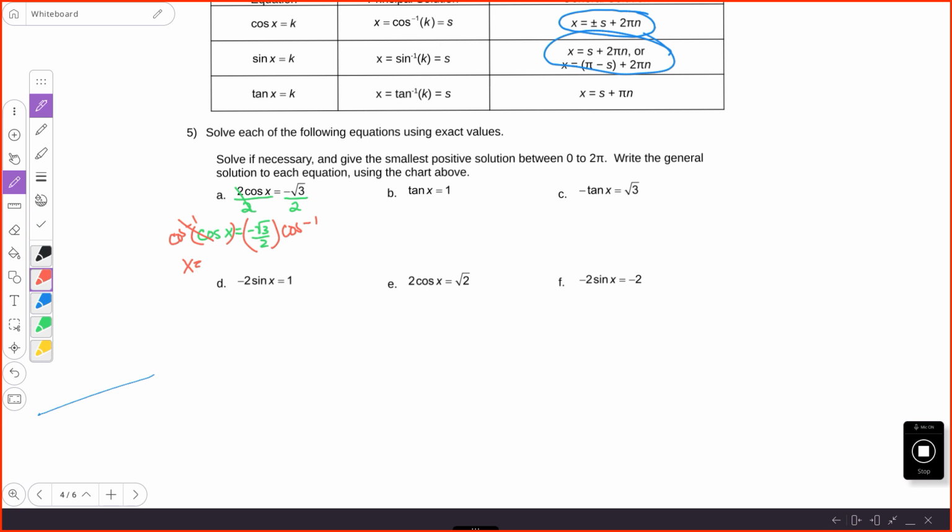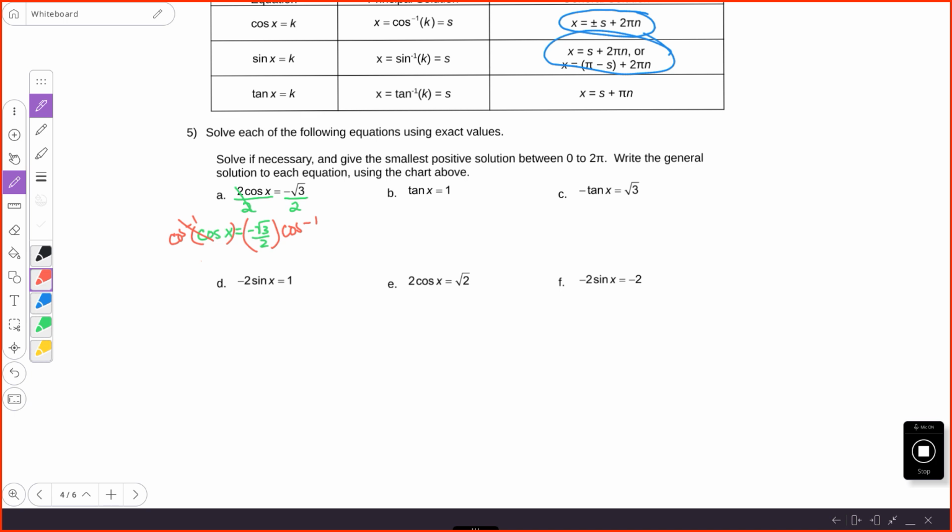So you can flip back to your chart on the front if you need to do that and find where your x value, or where cosine is square root of 3 over 2, at the pi over 6 is. Then I need to consider, okay, but it's negative, so I need to know what quadrant is cosine negative in. Couldn't you just put on the first part? So which quadrant is cosine negative in? 4?